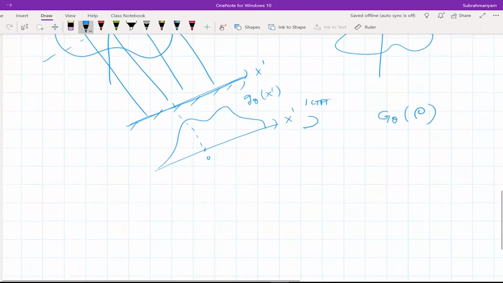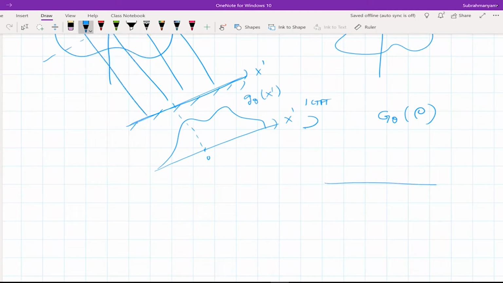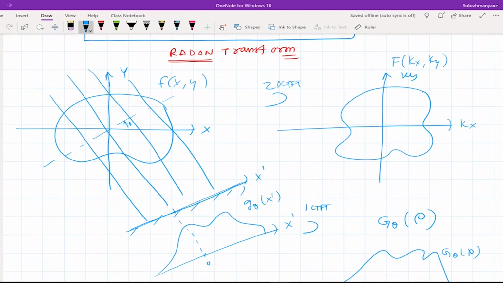So let's call it G theta of rho. Let's say I have the profile of it here, for varying rho. For a given theta, this is what G theta of rho is. How is this related to F of kx, ky?